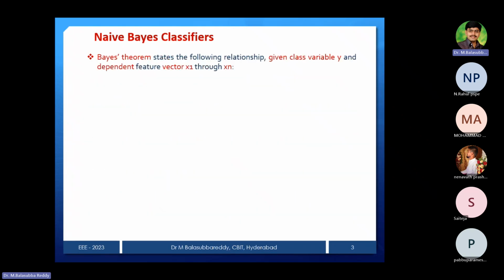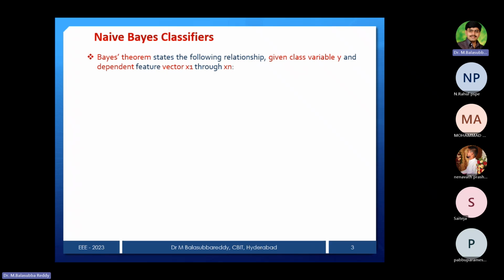Now, Bayes theorem states the following relation, given the class variable y and a dependent feature vector x1 through xn. Here the class variable is y, and let it be the output.